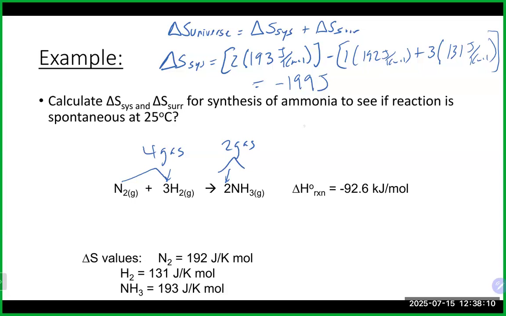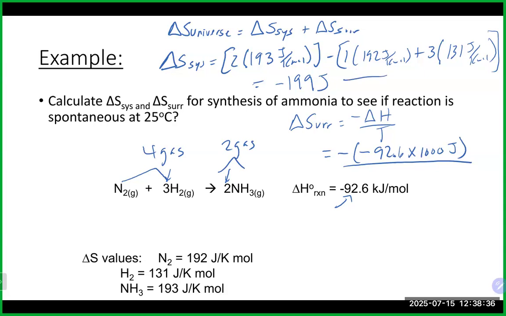Now that we have the system, we could do the surroundings, which is negative delta H over T. And in this case here, we are given the delta H, and that's going to give me negative 92.6. I'm going to times it by 1,000. The reason I'm doing that is to convert it to joules. And I'm doing that because my system values are in joules. That way everybody will be in the same units.